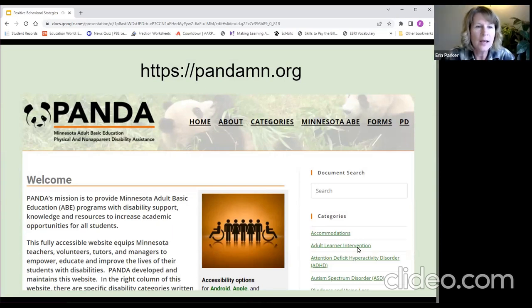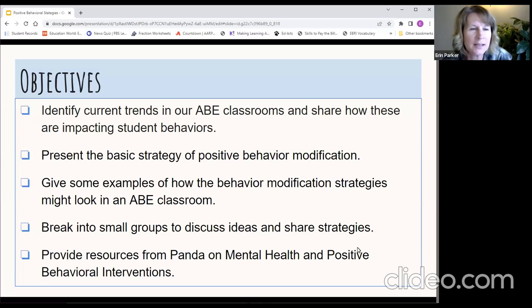They're great. Today, our objectives are to identify current trends in our ABE classrooms and share how these are impacting student behaviors, and present the basic strategy of positive behavior modification. We're going to give some examples of how these behavior modification strategies might look in the ABE classroom.